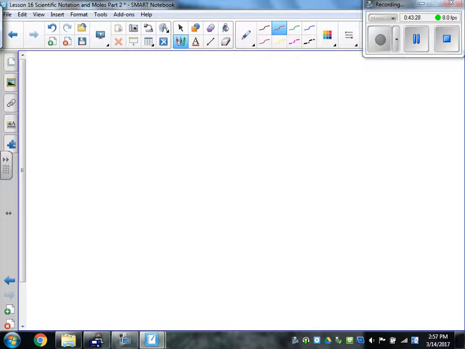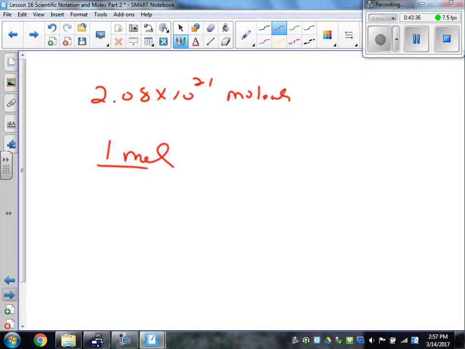The other option is, of course, we have 2.08 times 10 to the 21 molecules, let's say. If you're not sure what to put here, ask what the question says. It says molecules, so put molecules. Where does this number go, top or bottom?